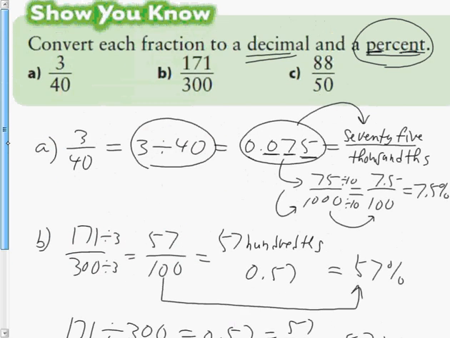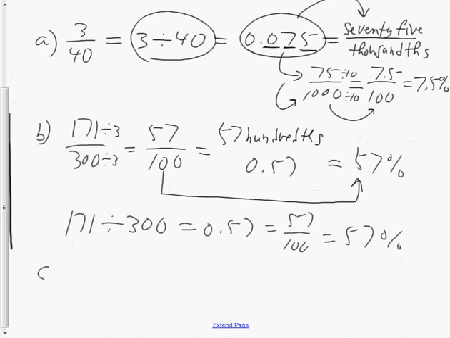And in the third question, you have 88 fiftieths. Okay, 88 fiftieths. Change that to a decimal and a percent. Well, if you have an improper fraction, you could do the first way, and you could go 88 divided by 50.